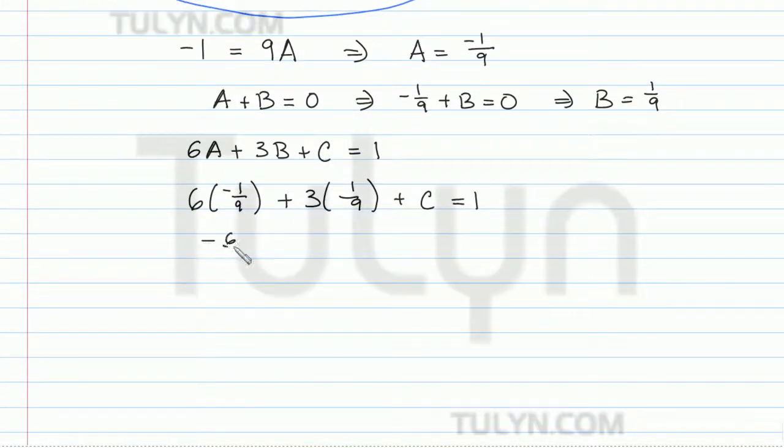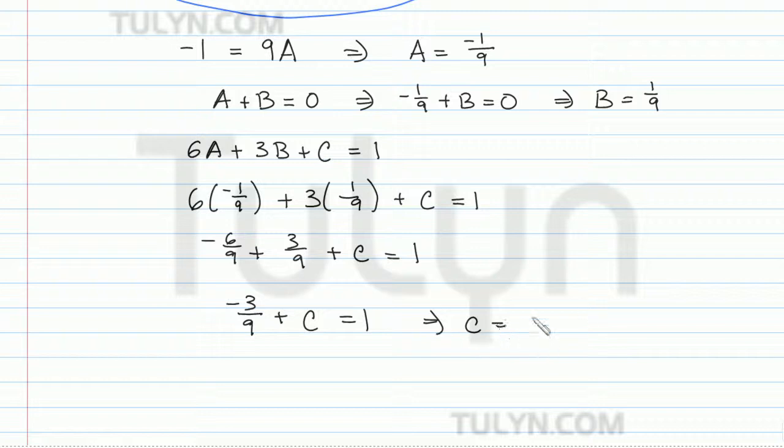So we get negative 6/9 plus 3/9 plus C equal to 1. Since they have a common denominator, we can just combine the numerators. So we get negative 3 over 9 plus C equal to 1.